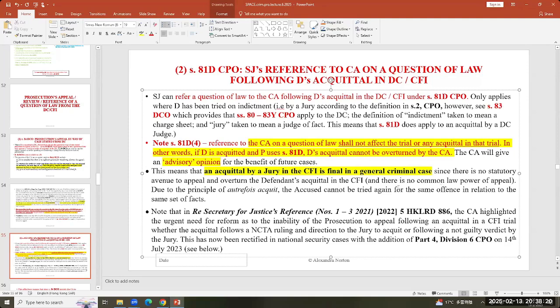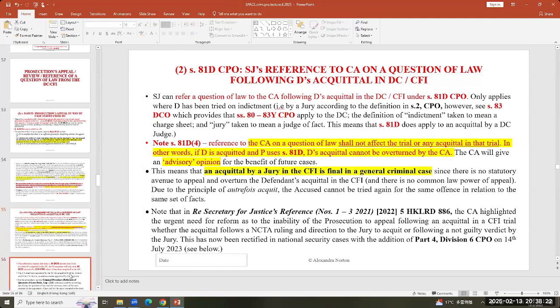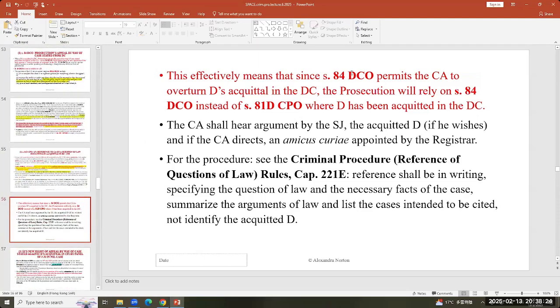So what that effectively means is that because the prosecution have much wider powers under 84 DCO than under Section 81D of the CPO, they would tend to rely on Section 84 District Court Ordinance, right? If they want to overturn the acquittal, rather than just referring a question of law.